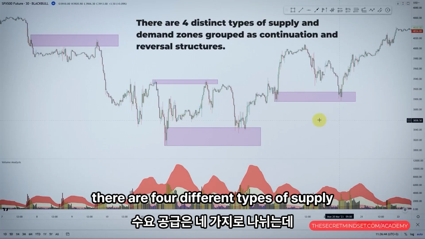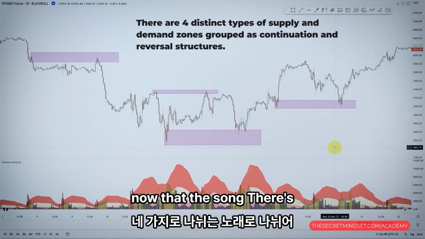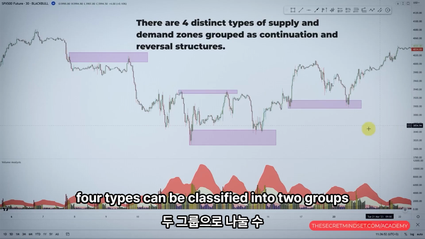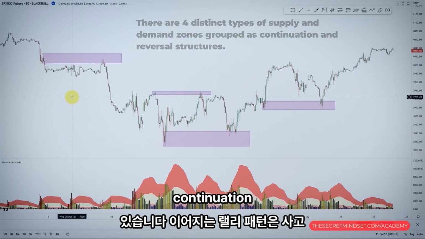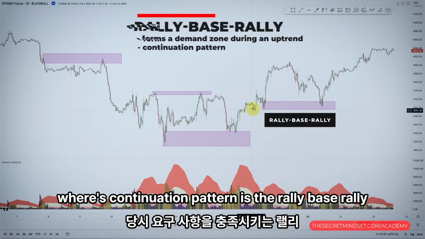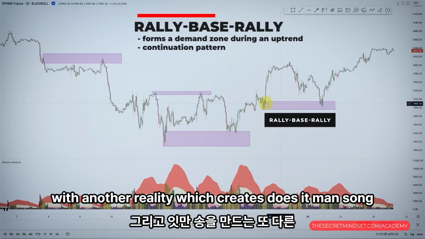There are 4 different types of supply and demand zones based on how the price approached and left the zone. These 4 types can be classified into 2 groups: continuation structures and reversal structures. First continuation pattern is the rally-based rally, which forms a demand zone during an uptrend. The market structure begins with a rally, followed by a consolidation, and ends with another rally, which creates the demand zone.